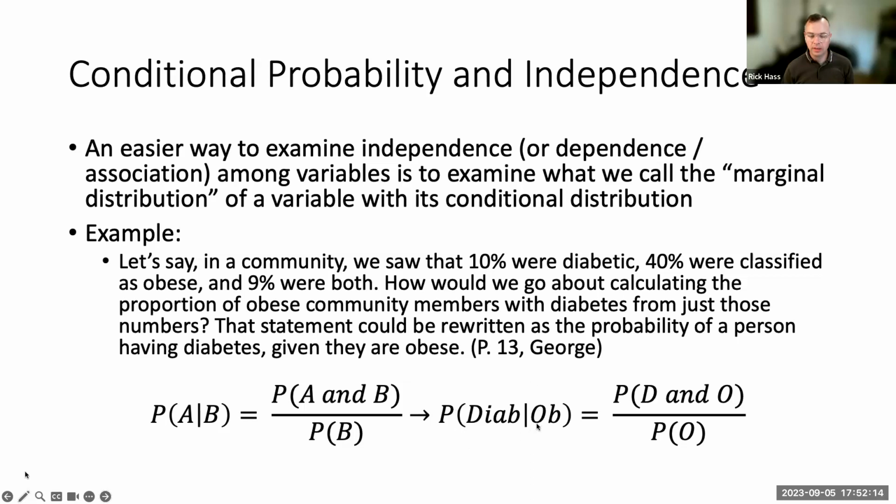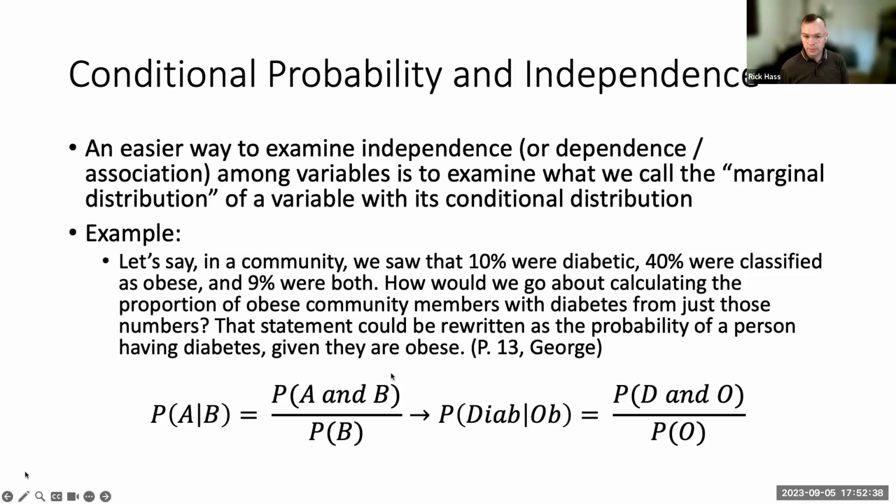We talk about the given or conditioning event B, in this case, obesity. That's the thing that we hold fixed. Later, when we talk about regression, we're going to talk about fixed effects, which is essentially a bunch of things that we hold constant, and then we let something else vary and see what happens.